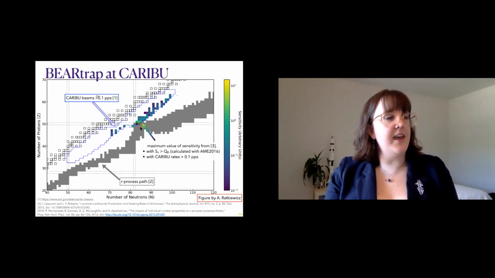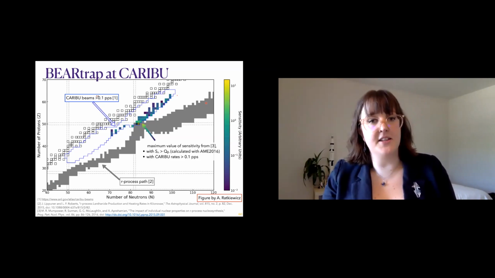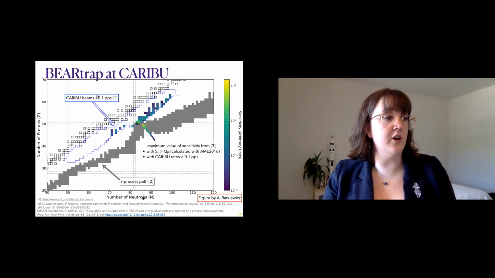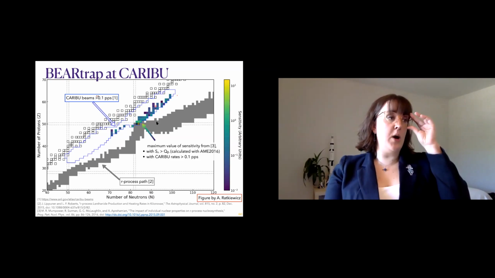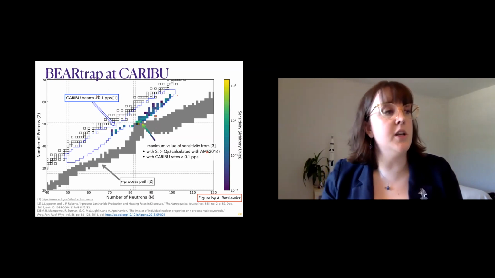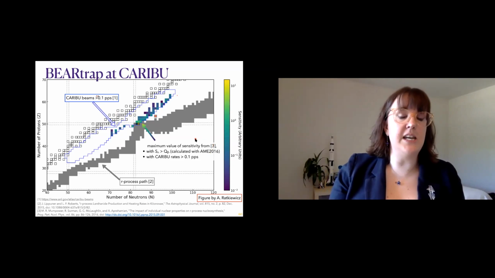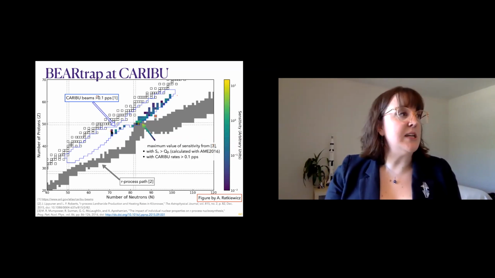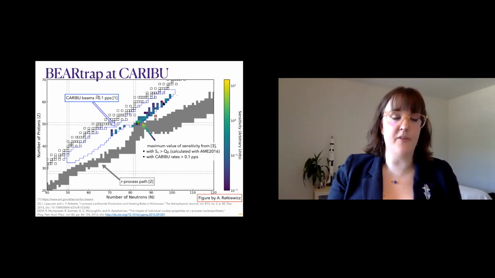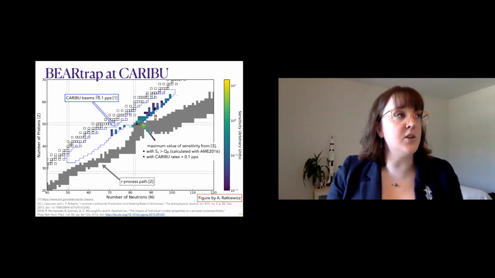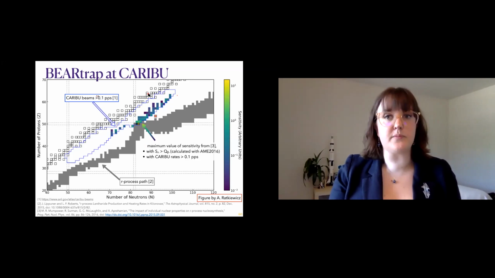The grey path here represents an r-process path, from cold r-process from kilonovae. And these coloured boxes represent isotopes that were singled out in a study from Mumpower and Sermon that have maximum sensitivity for r-process studies. So you can see there's a whole bunch of isotopes in this envelope that are going to have a big impact on r-process studies that are available at CARIBU.